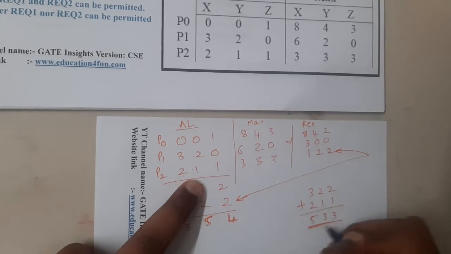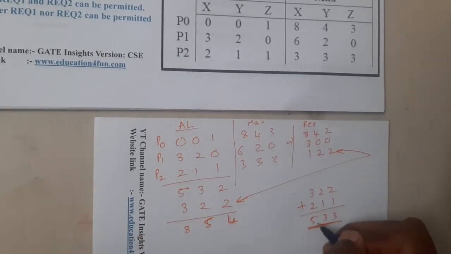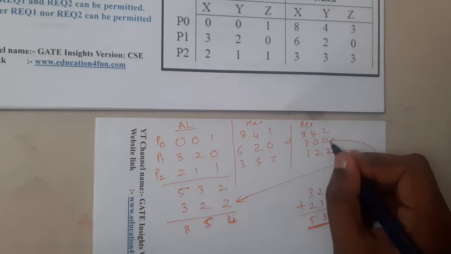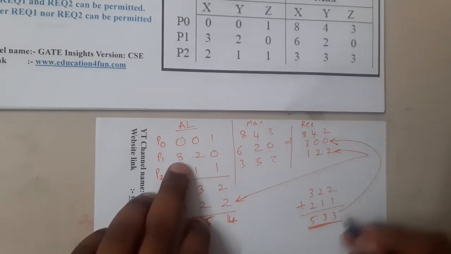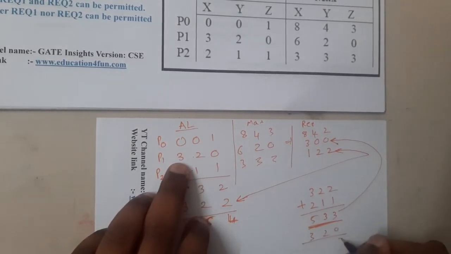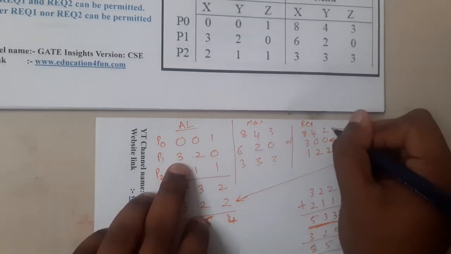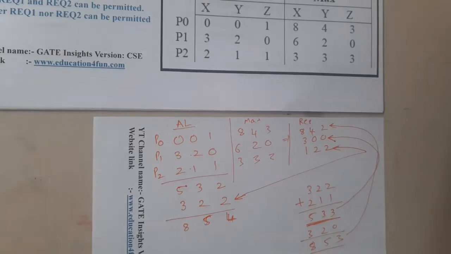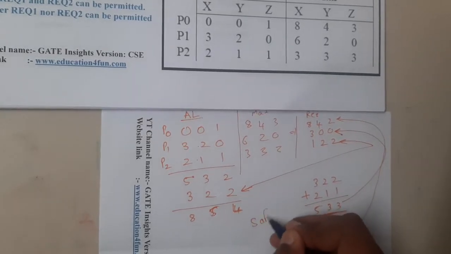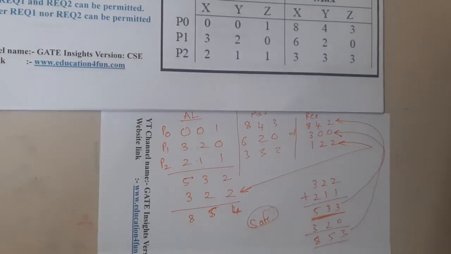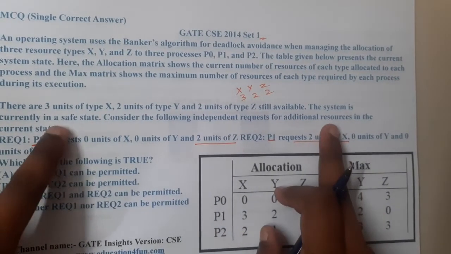Now I can give 5, 3, 3 to this process and it can execute. Once it releases 3, 2, 0, we get 8, 5, 3, so these resources can be given to the remaining process and it will execute. So indirectly this is a safe state. There are multiple safe sequences, and he also informed us that the system is currently in a safe state.